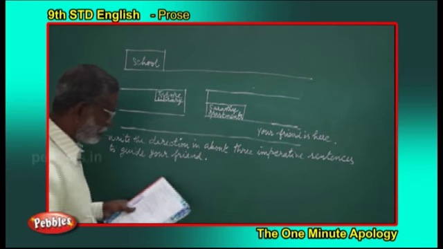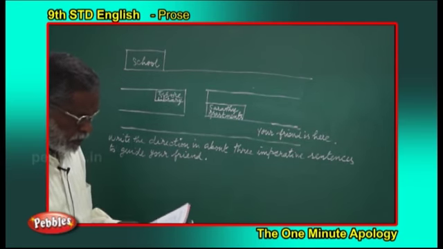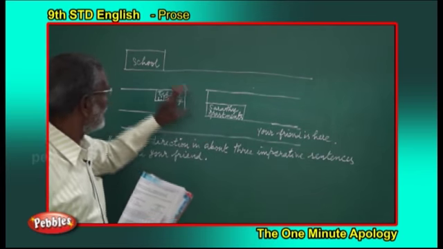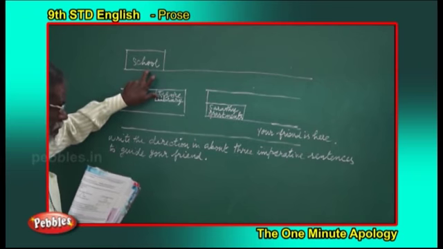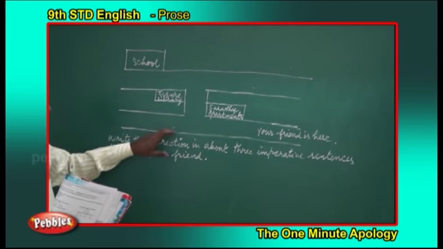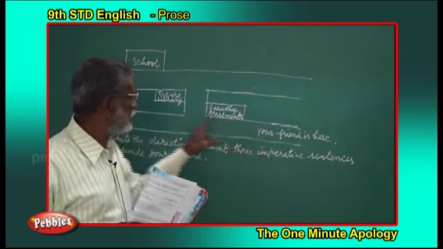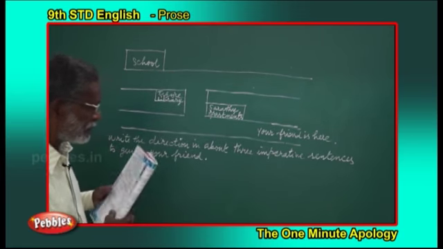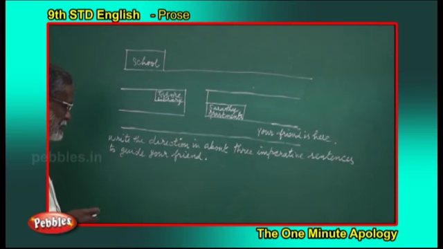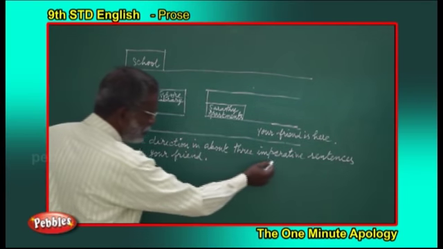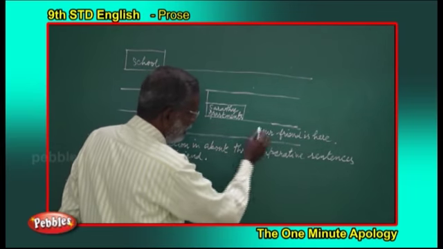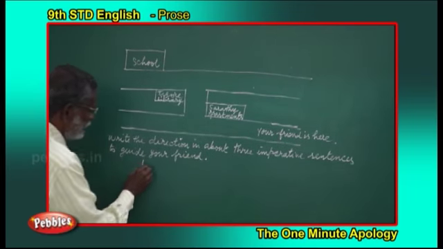Here in the textbook, where to go is not given. So let us assume that since there is school, your friend wants to go to the school. Let us guide him by using imperative sentences. So your friend is here, and can you give instructions?